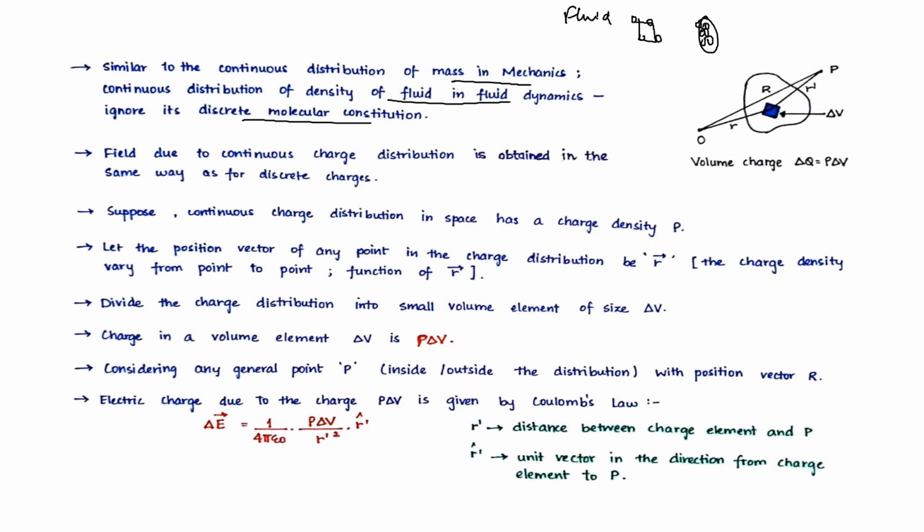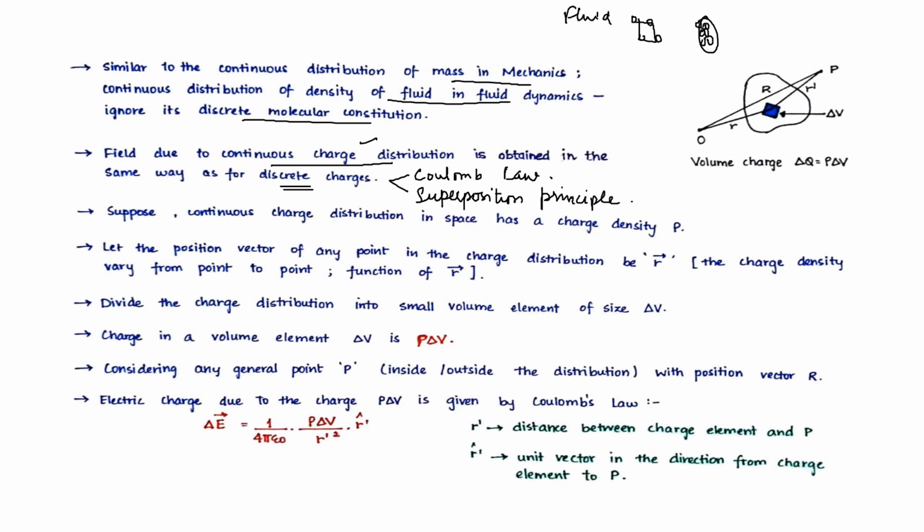Field due to the continuous charge distribution is obtained in the same way as for discrete charges. If we want to calculate the field for a continuous charge distribution, it will follow the same formulas and same laws, like Coulomb's law for defining force and the superposition principle for multiple charges.